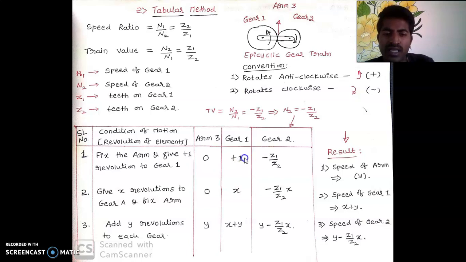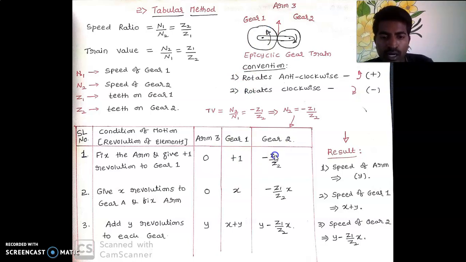What will be the sign of this? If it is plus, it means that for gear 1 we are giving anti-clockwise rotation. Remember very carefully, we are giving plus 1 revolution. It simply means that we are making gear 1 rotate in the anti-clockwise direction, because it is the driver gear, hence we have the value plus 1.